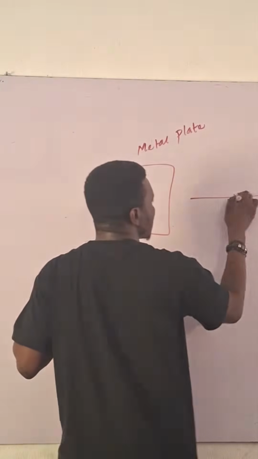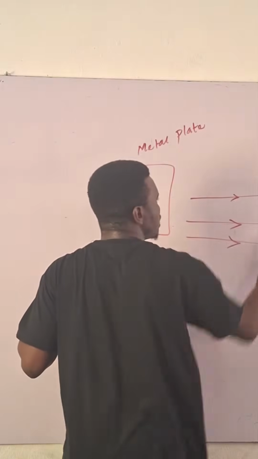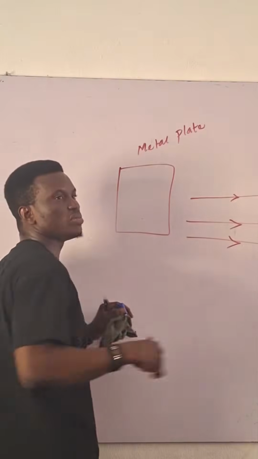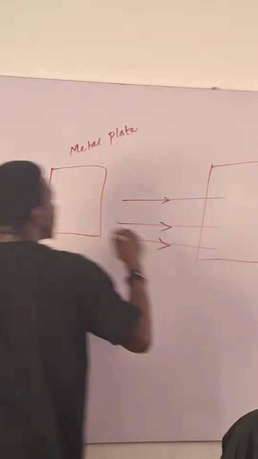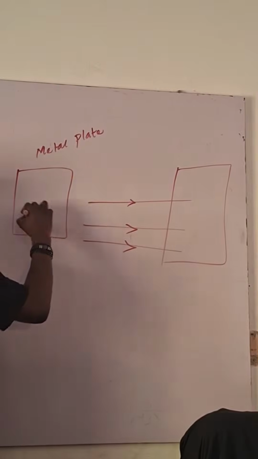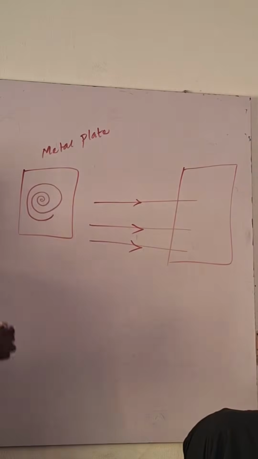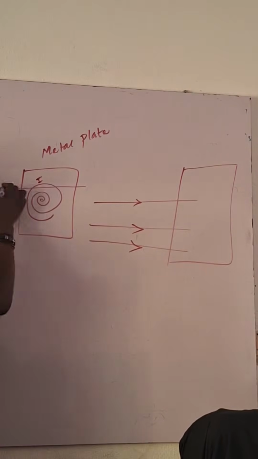Let's say you have a magnetic flux, then you have a metal plate, and the flux keeps cutting through the metal plate. Then inside this metal, there will be a current generated. The current will go in a circular pattern like this. Currents will go in a circular pattern when the field is passing through the metal plate.